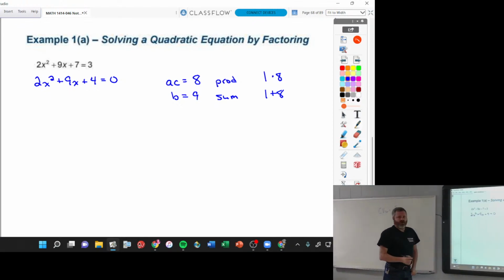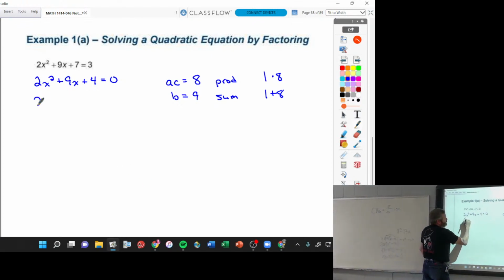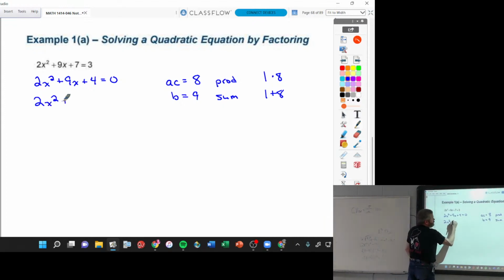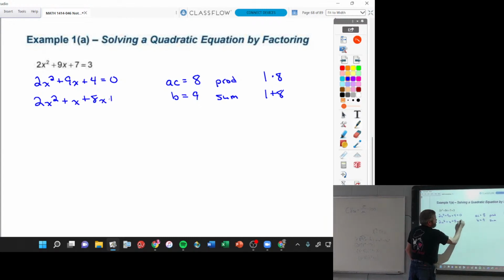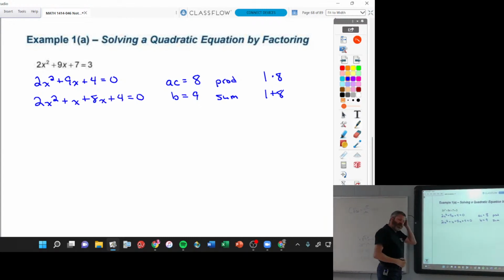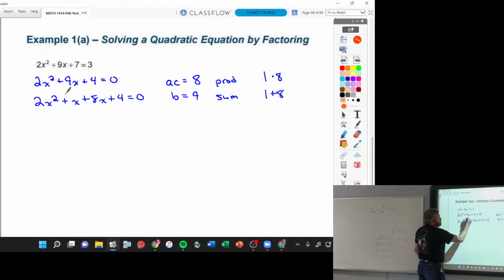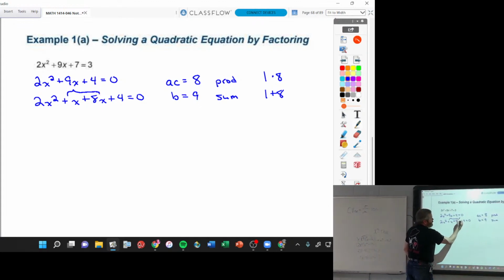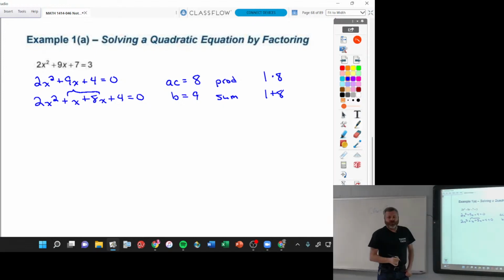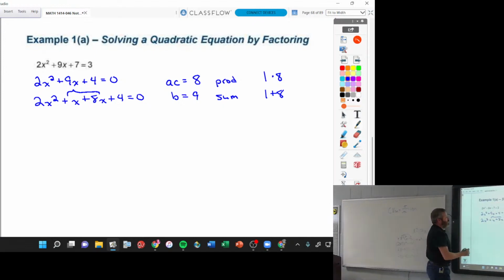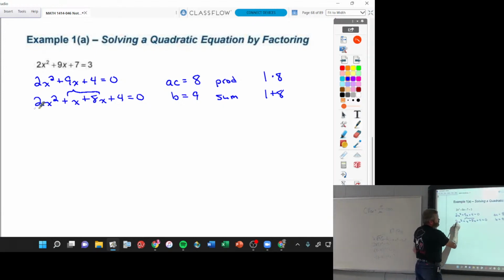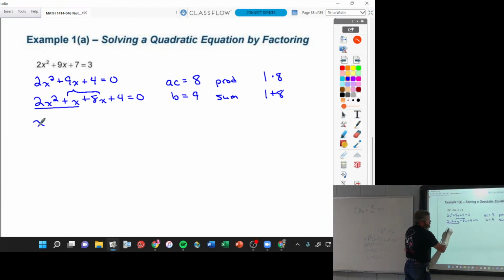So I'm going to rewrite this quadratic as 2x squared plus x plus 8x plus 4 equals 0. I did not change the value of the quadratic at all. I simply broke that 9 up into a 1 plus 8. Now we're going to factor by grouping. This first group has an x in common, so I'll factor out an x, leaving me with 2x plus 1.